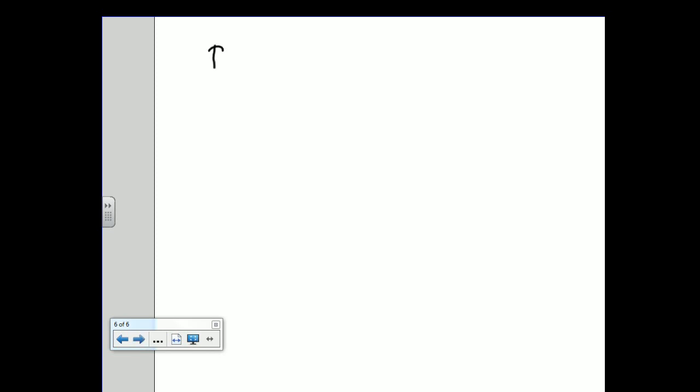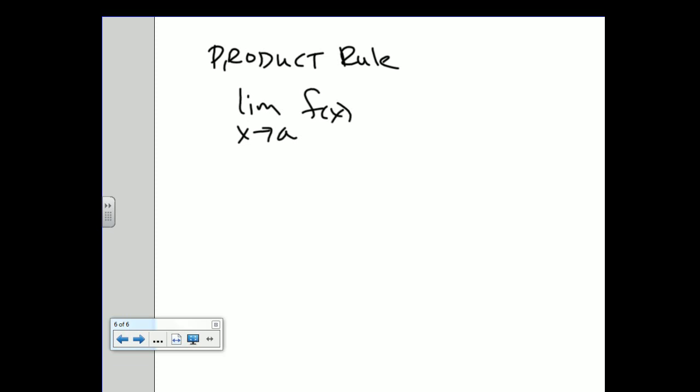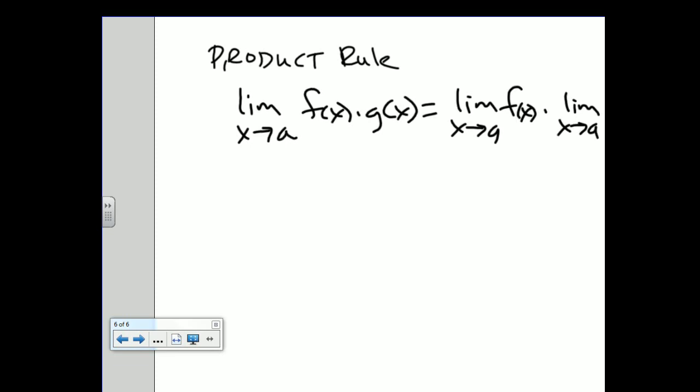And then we will have the product rule of limits. The product rule of limits says the limit as x approaches a of f of x times g of x will equal the limit as x approaches a of f of x times the limit as x approaches a of g of x. That's the product rule.